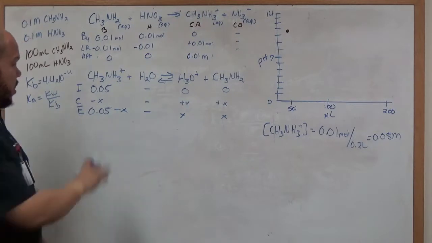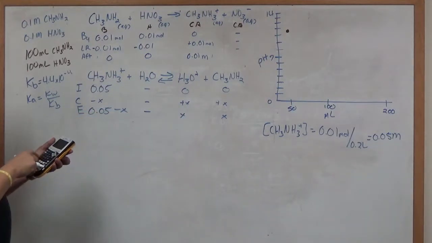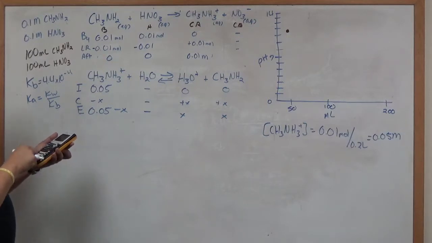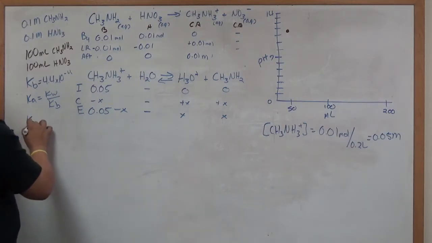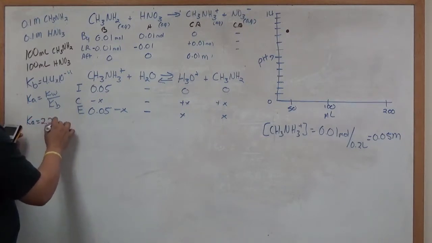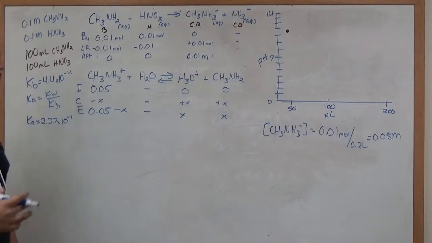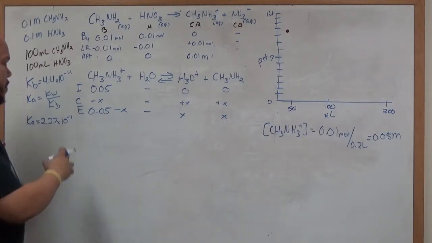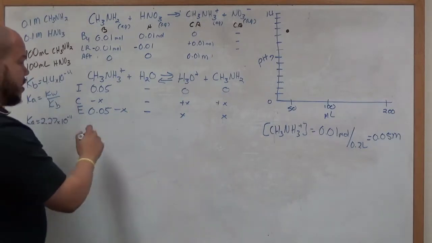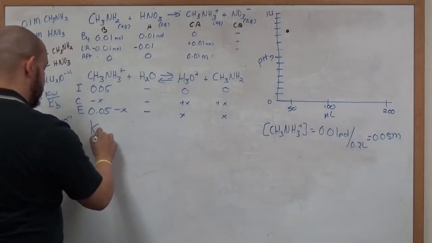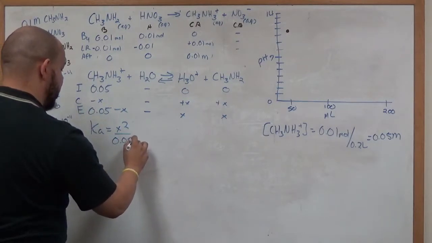This interaction, again, is acidic, therefore we need the Ka, therefore 1e to the negative 14 divided by 4.4e to the negative 4 gives us a Ka equal to 2.27 times 10 to the negative 11, right? Very small, so we don't expect this to be very acidic at all, right? Just based off of the Ka value, we don't expect that. Now, we can set up Ka equal to x squared over 0.05 minus x.